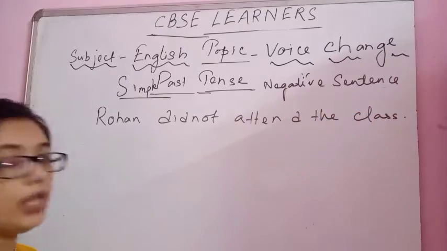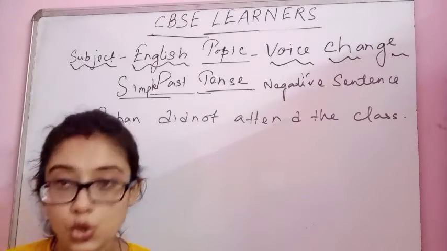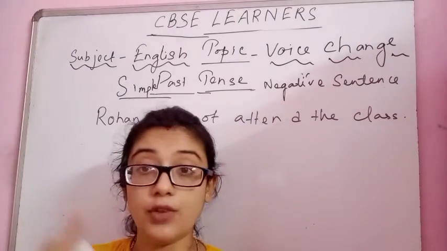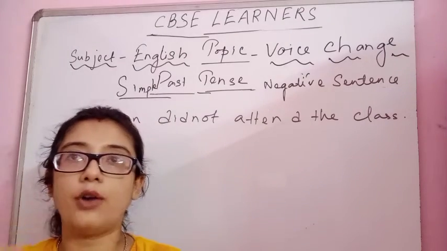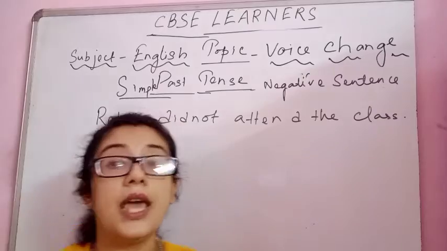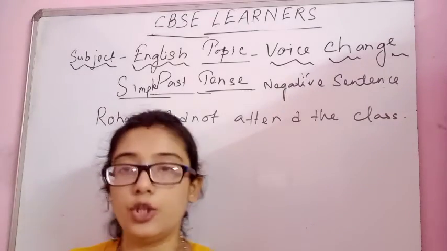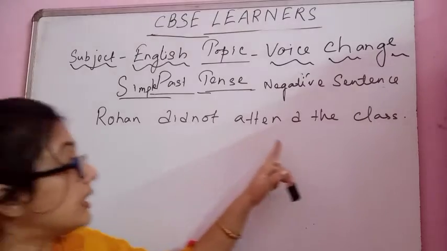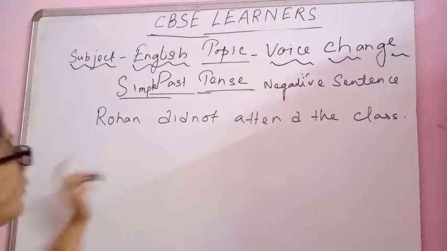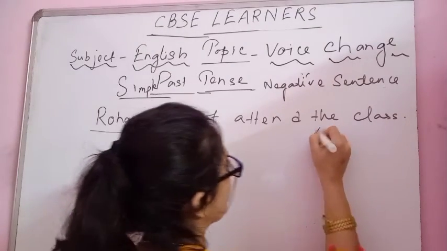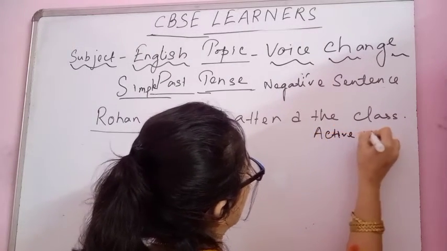Now, you know very well that we cannot use two past tenses in one sentence, isn't it? We can use them when we are using and, or in case of a clause when we are joining two sentences. That is different. But in a simple sentence, you cannot use two past tenses, okay. So, here Rohan did not attend the class. Now, here the focus is on the subject Rohan. So, we will say that the voice of the verb is active voice.